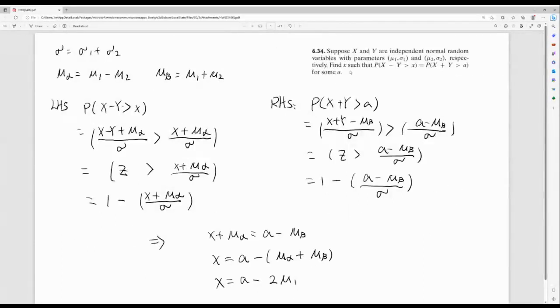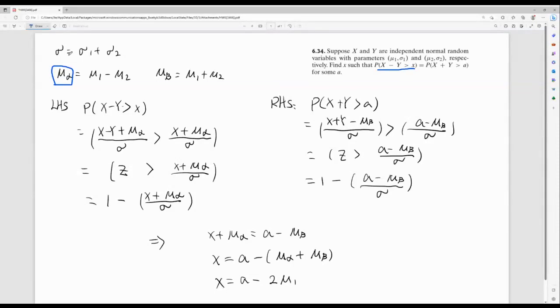So for the left hand side, we first calculate the mu for x minus y. That'll be mu1 subtract mu2, and that'll be mu alpha. And for the right hand side, for x plus y, we have mu1 plus mu2. That'll be mu beta.